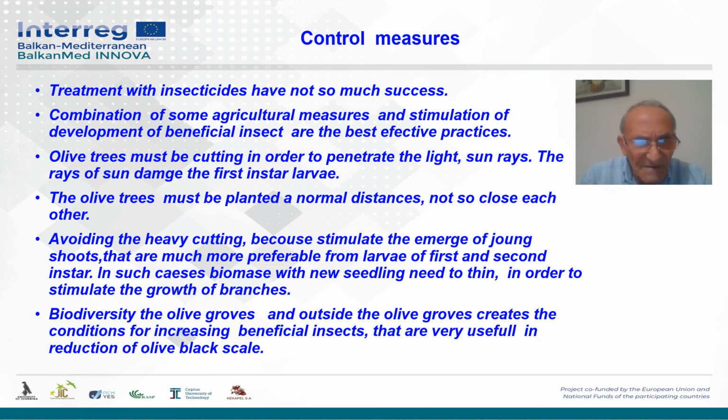In such cases, biomass with new shoots needs to be thinned in order to stimulate the growth of the branches. Biodiversity inside the block and outside the olive groves creates the conditions for increasing the beneficial insect population that is very useful in reduction of the olive scale, Saissetia oleae.